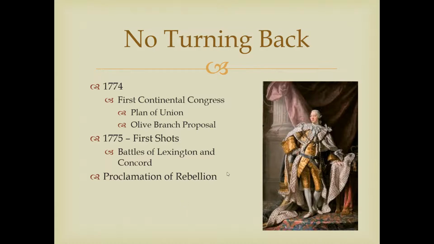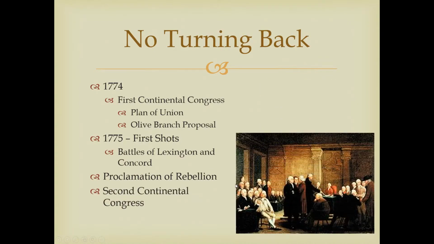And this basically means that there is no way that they're going to reconcile without any further bloodshed. And so the Second Continental Congress then meets in 1775, and by 1776 they will begin the move towards independence.